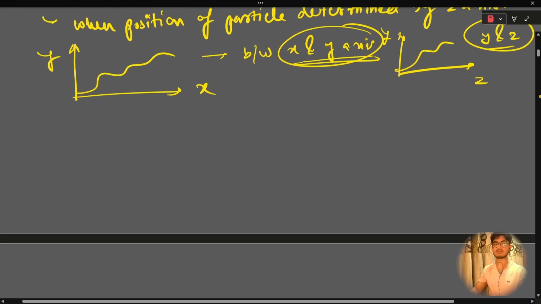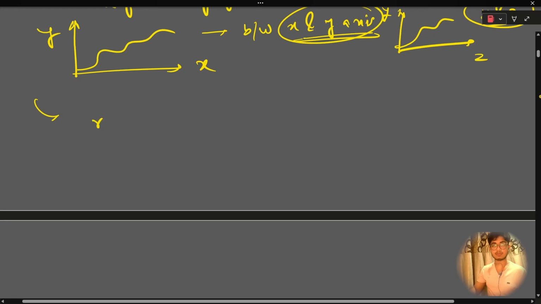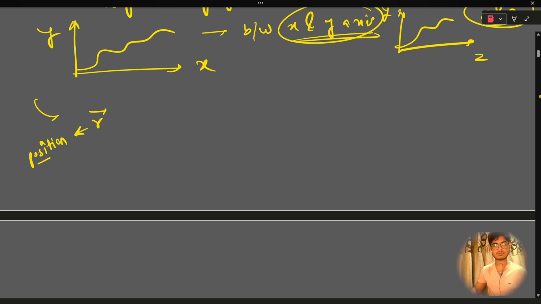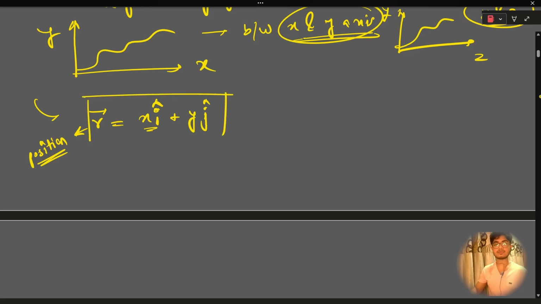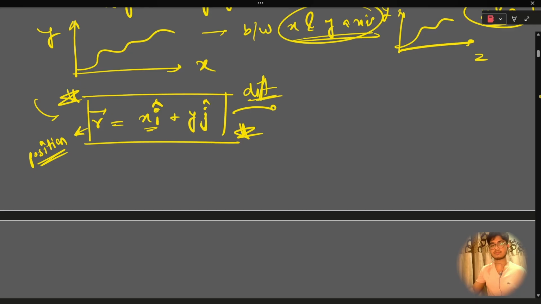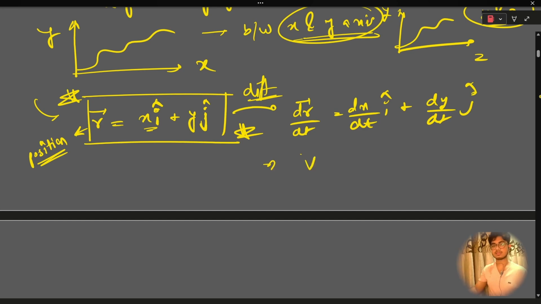This is basically 2D. We can represent it mathematically as, suppose this is position. Position is x i cap, suppose the position in the x direction on the x-axis, which is represented by i cap, plus the position in the y-axis represented by j cap. We differentiate it with dr by dt to get dx by dt i cap plus dy by dt j cap. This is v.